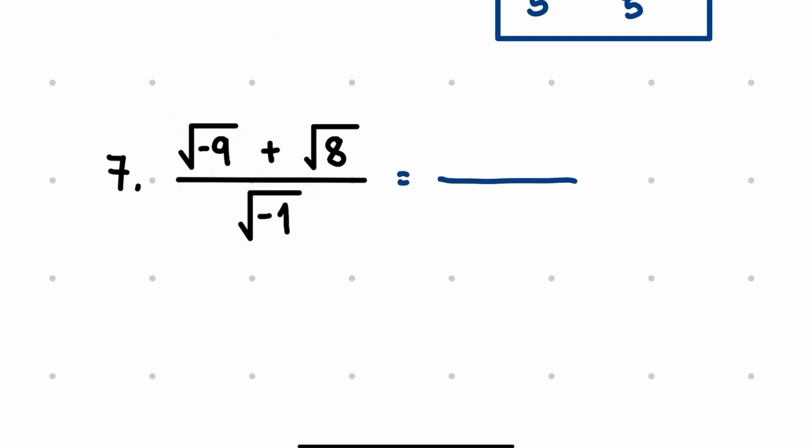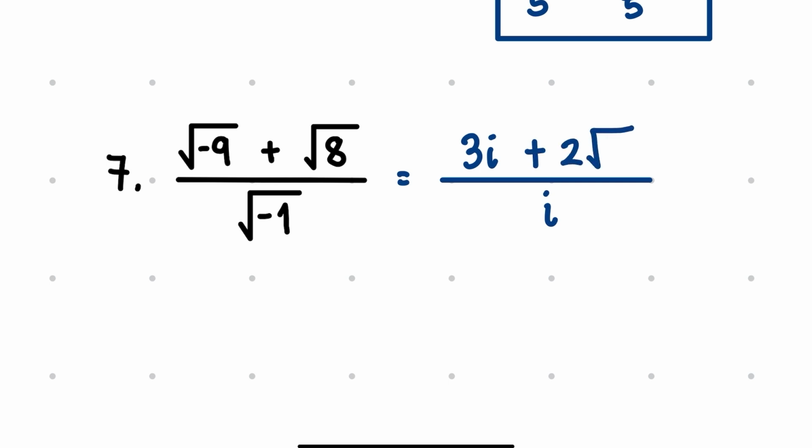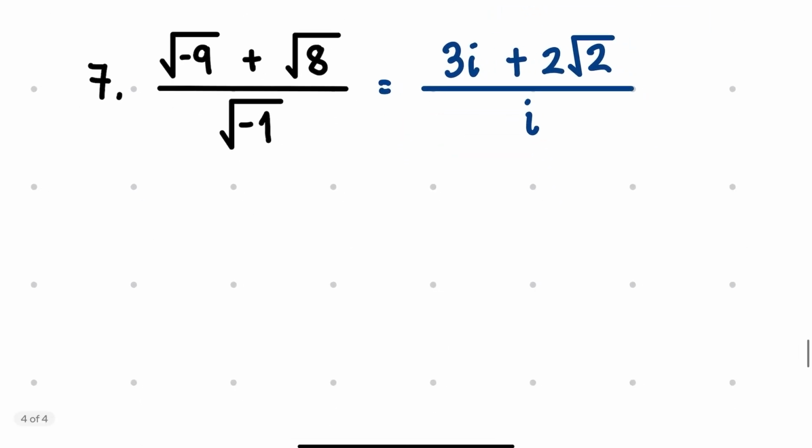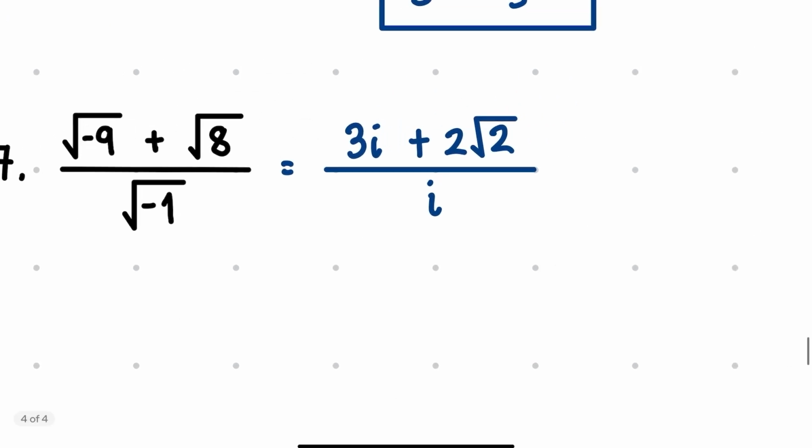So we convert this one into 3i, and then take note that square root of 8 is equal to square root of 4 times square root of 2, which is equal to 2 square root of 2, plus 2 square root of 2.